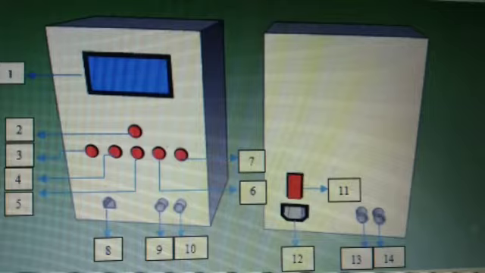Number 7, occlusion. Number 8, Arduino. Number 9, connection 1. Number 10, connection 2. Number 11, power. Number 12, power lead connection. Number 13, dry connection 1, and number 14, dry connection 2.